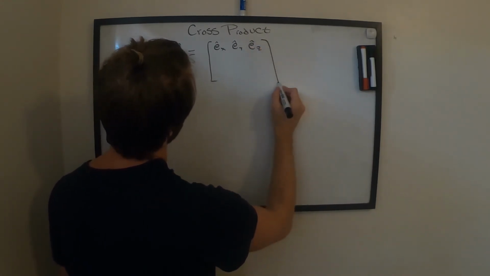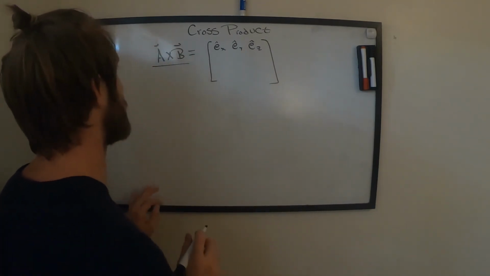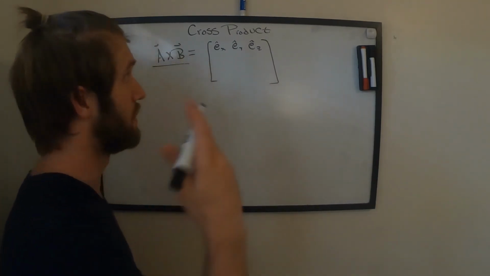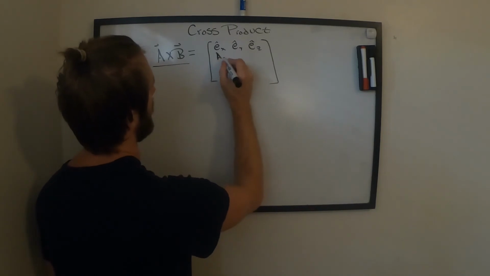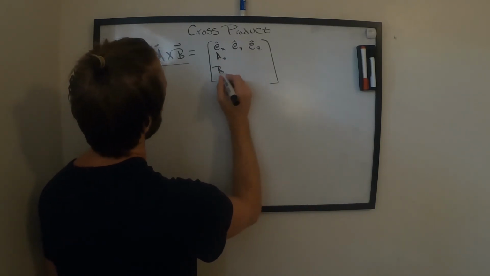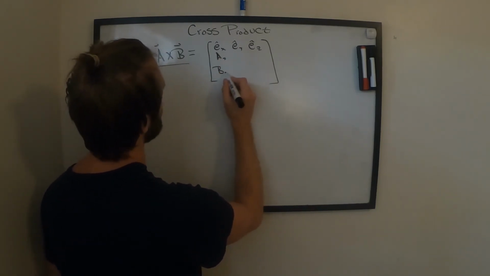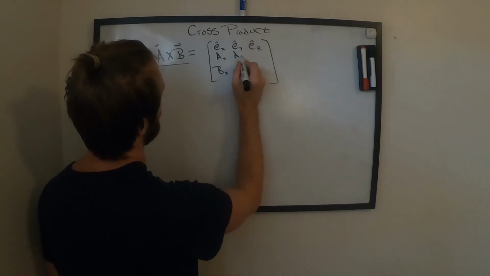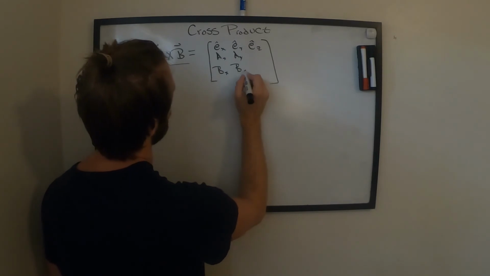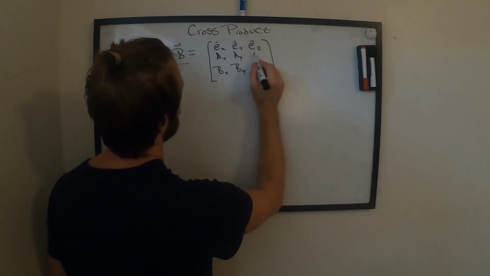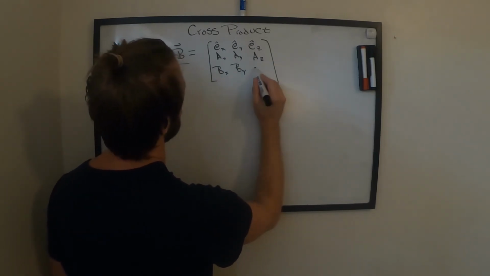Now we can place our vector components, starting with a_x, b_x, a_y, b_y, a_z, b_z.